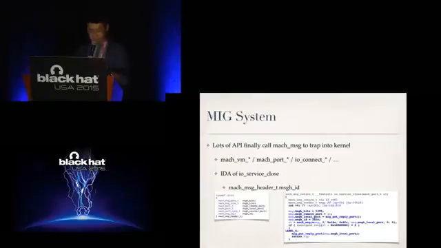There is a simple example here: IOServiceClose, and you can see that it directly calls mach_msg and sends a message to the kernel. But we have to pay attention here to the message ID. They set a very specific message ID.